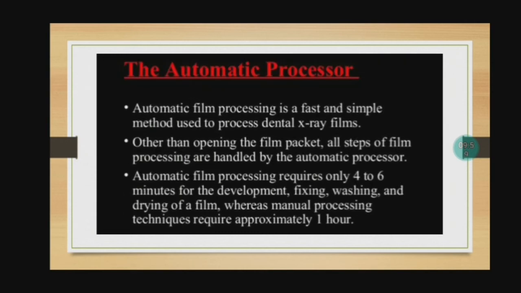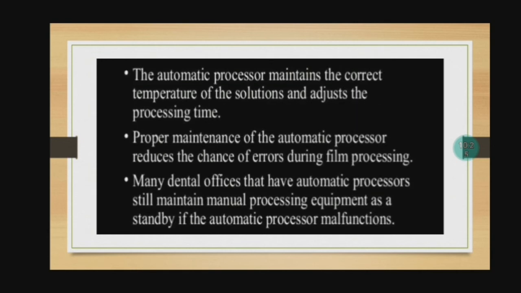The automatic processor. So automatic film processing is a fast and simple method used to process dental X-ray films. Other than opening the film packet, all steps of film processing are handled by the automatic processor. Automatic film processing requires only 4 to 6 minutes for the development, fixing, washing, and drying of a film, whereas manual processing techniques require approximately 1 hour.